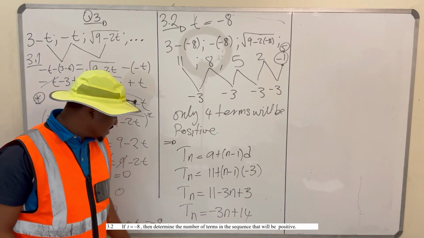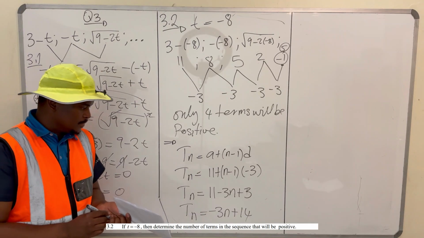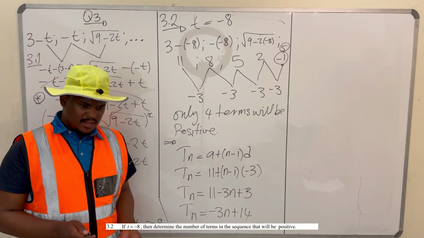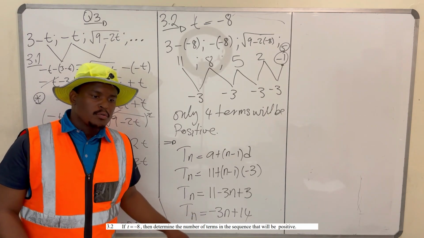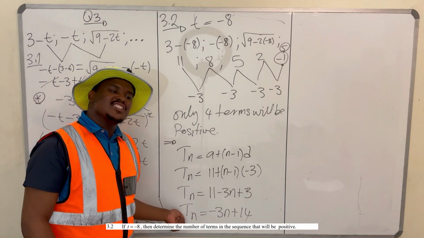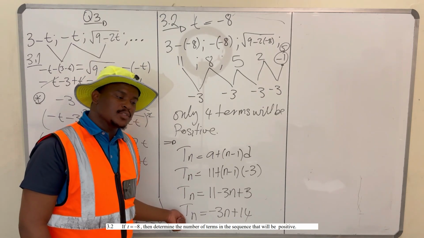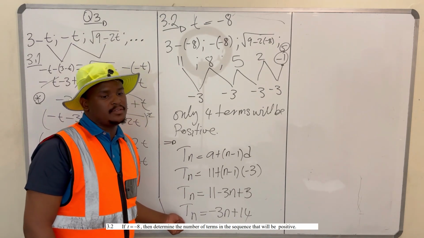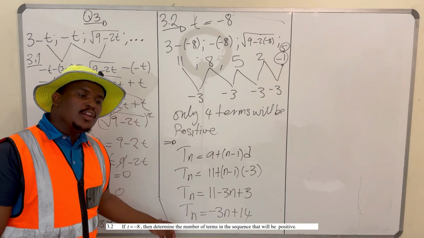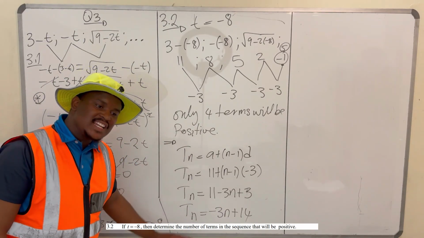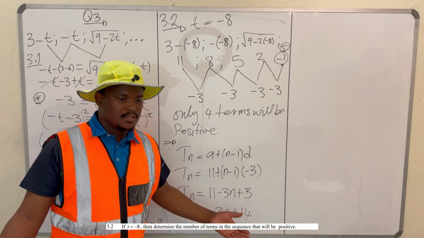What the general term does is represent all the terms of the sequence. So from this representative, you will ask how many terms of his sequence are positive. So you want the values of n for which your Tn is positive. What does positive mean in mathematical terms?